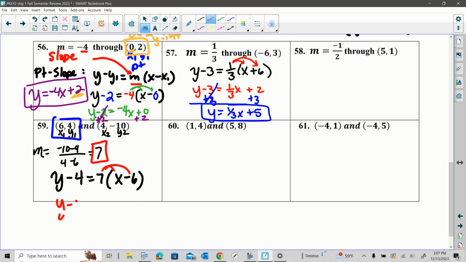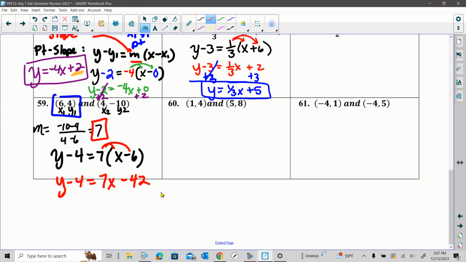So we have y minus 4 equals 7x minus 42. And then we're going to solve for the y. So we have to add the 4. And we get y equals 7x minus 38. Okay. So you could get a bigger number.